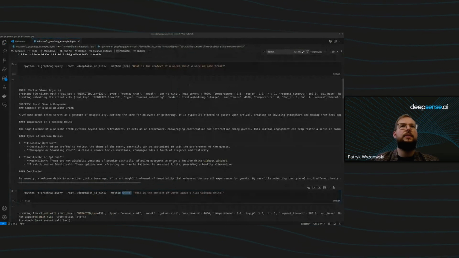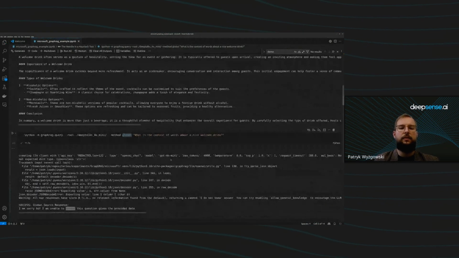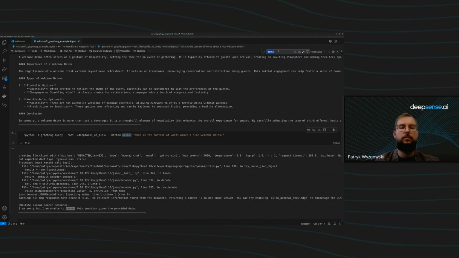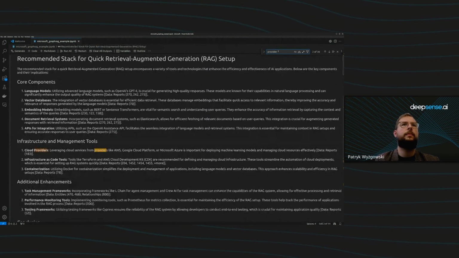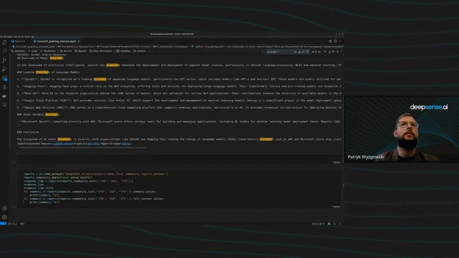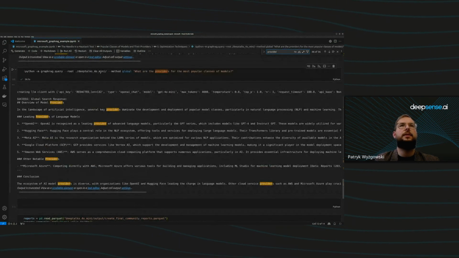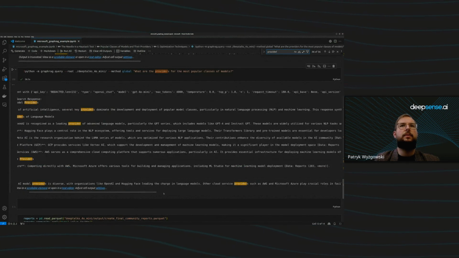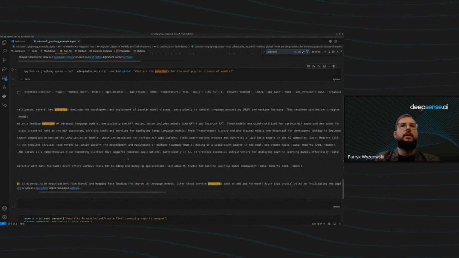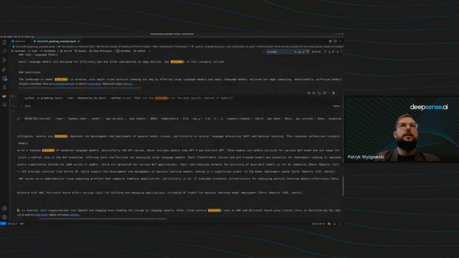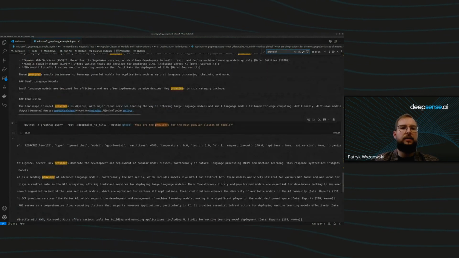And I think that the same holds for the Microsoft GraphRAG. There are two versions of a model here. One is using GPT-4o, and it mentions the proper providers there.